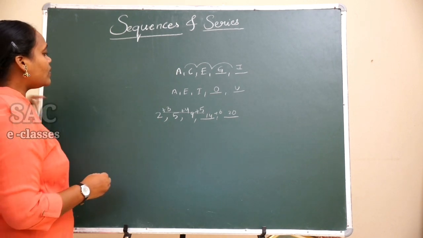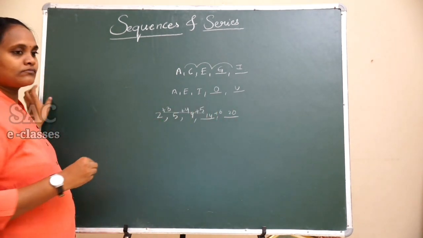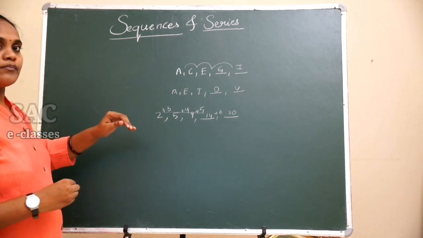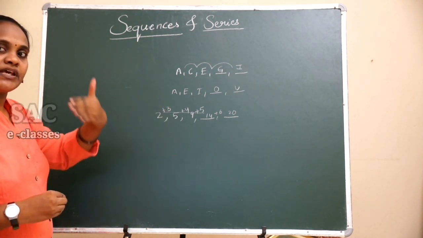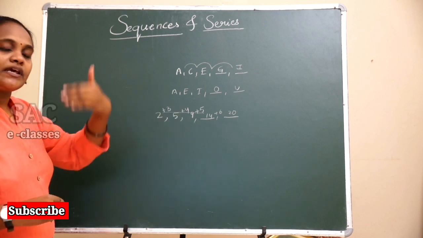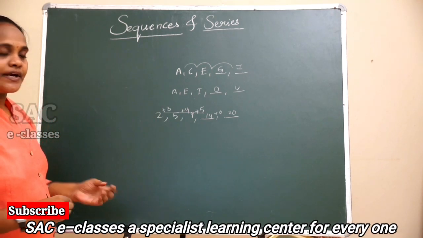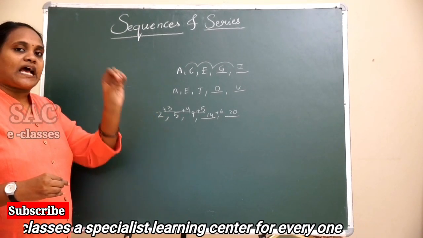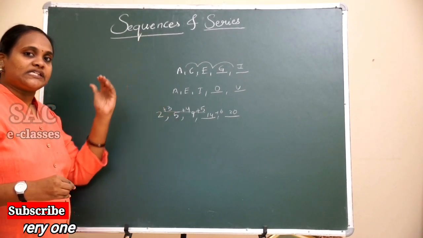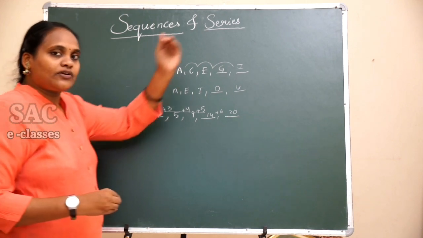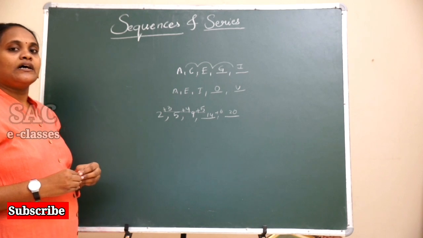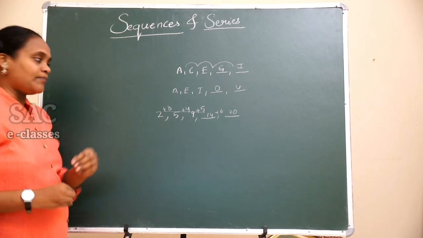Now, numbers are the set of terms which may be produced or expanded whenever a fixed number is added to the preceding term in order to get the succeeding term. We call that an arithmetic progression, AP.